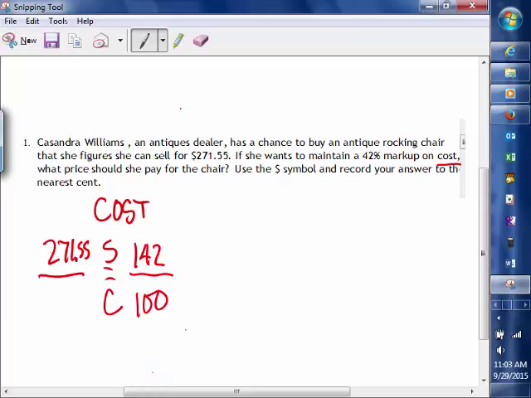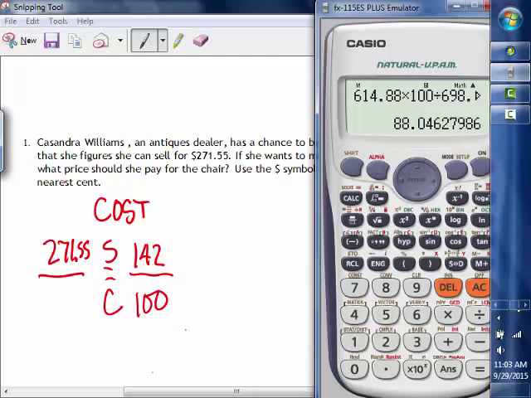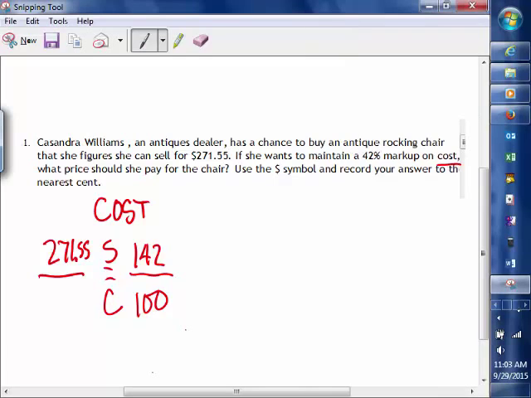So if we do this problem, we would get 271.55 times 100 divided by 142 is 191.23.